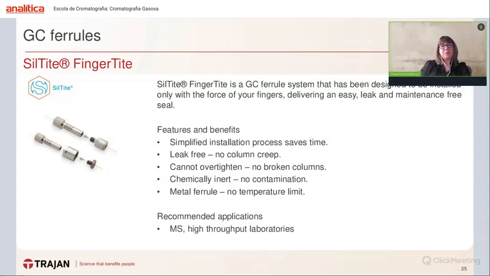So there is no possibility of doing that, so we will not break any columns. Also, the metal ferrules, they practically don't have a temperature limit, so are very versatile, can be used even in the high temperature applications.